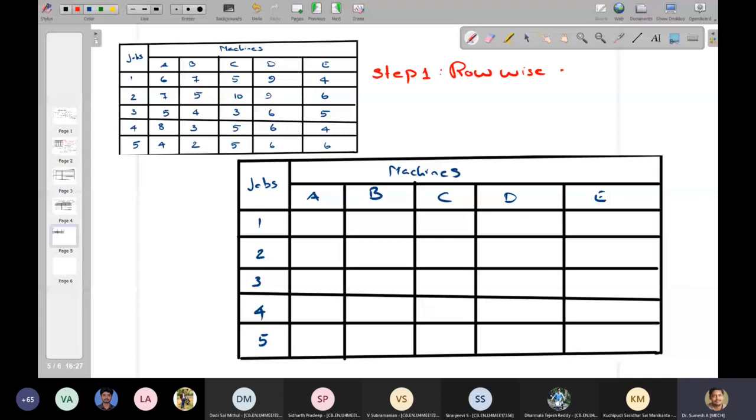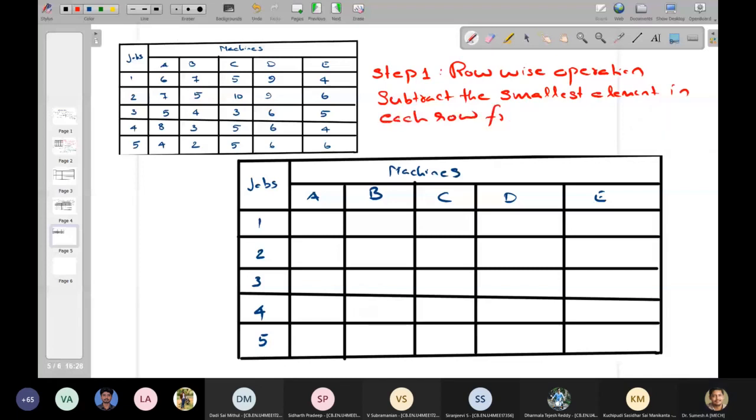The operation is simple: subtract the lowest value, the smallest element in each row, from all other elements in that row.